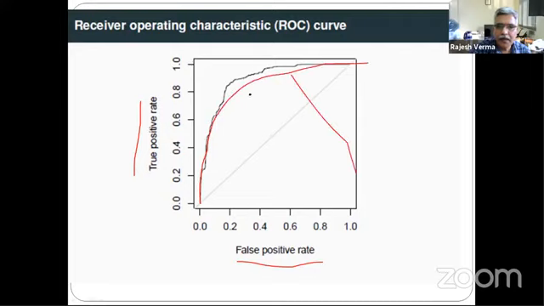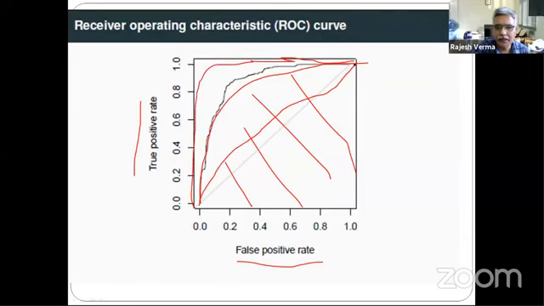This is the area under the ROC curve. This should be as high as possible. For the best possible classification, the area under the ROC curve should be high. That is, the curve should look as much as possible like this. If it is something like this, then it is not a good classification.